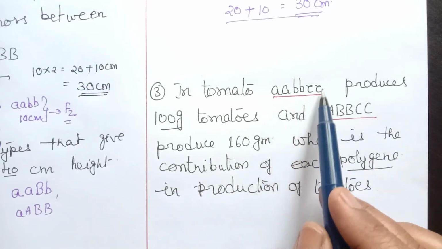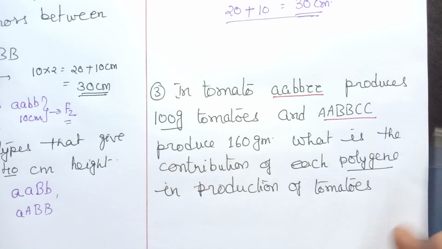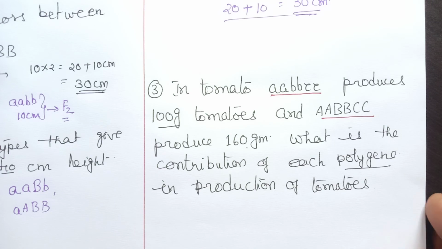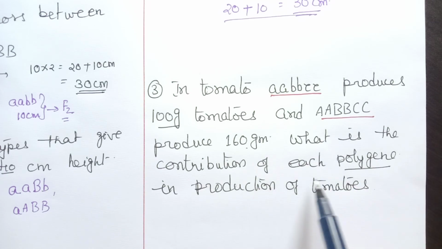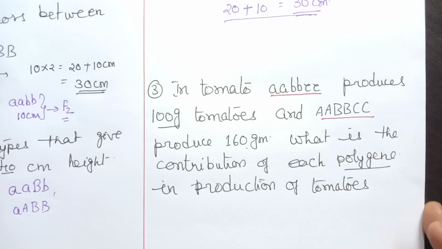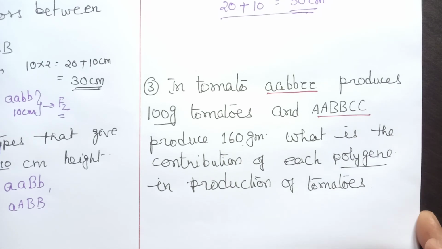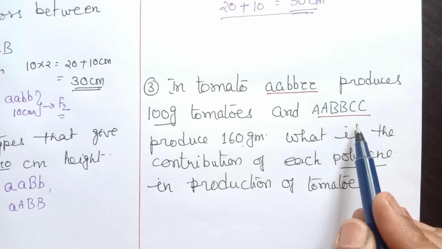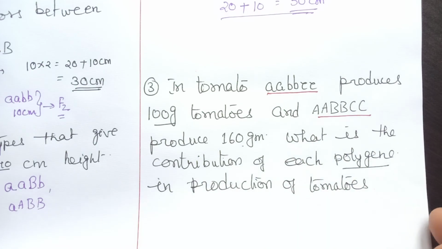That means with all recessive alleles it is producing 100 grams, and with all dominant alleles it is producing 160 grams. So what is the contribution of each polygene in production of tomatoes? Each polygene means we have to always take a dominant allele. So contribution of each polygene.